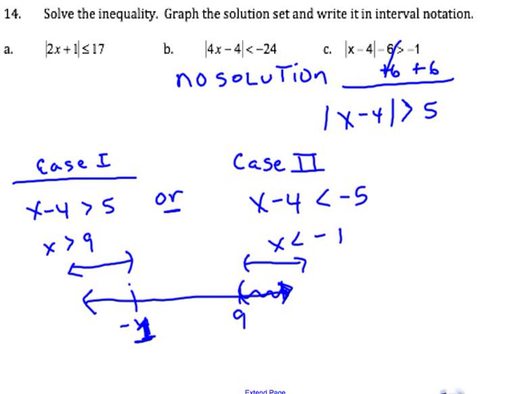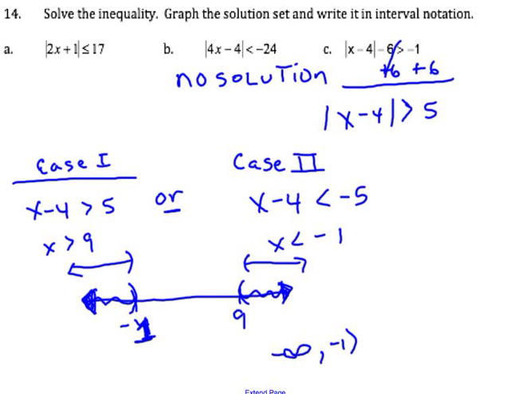So I bring everything down to my number line, and there's my solution. And when I go to write my solution in interval notation, which the instructions asked me to do, I start at the leftmost point of my graph, which is negative infinity, and I go to the first point here, negative 1. Negative 1 is not included, so I write parentheses.